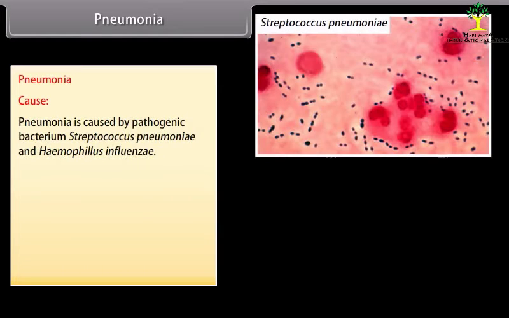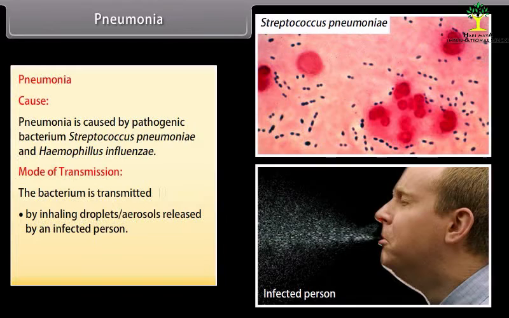Pneumonia. Cause. Pneumonia is caused by pathogenic bacteria, Streptococcus pneumoniae and Haemophilus influenzae. Mode of transmission. The bacterium is transmitted by inhaling droplets, aerosols released by an infected person, by sharing utensils with an infected person.